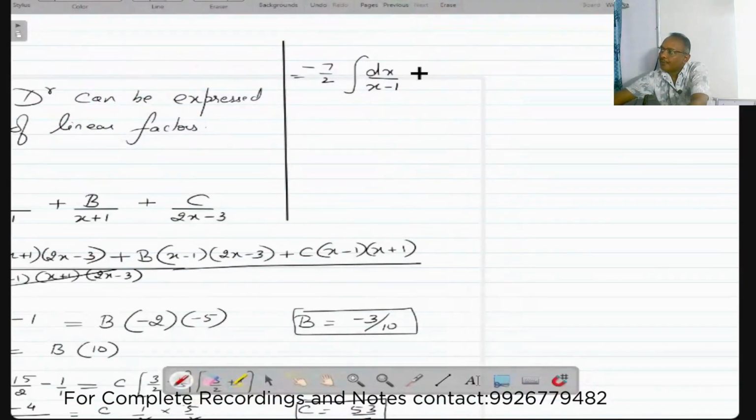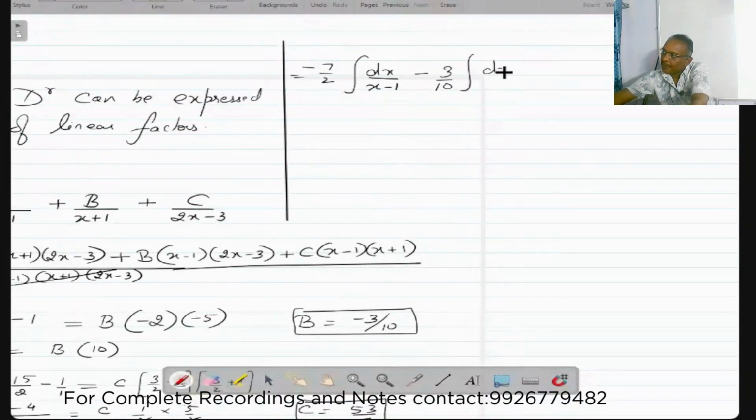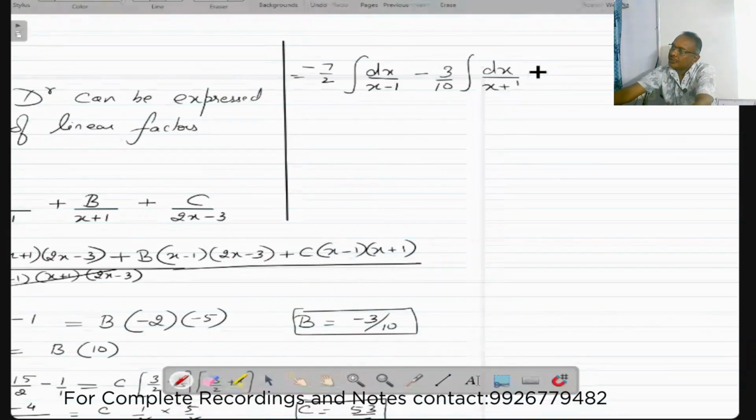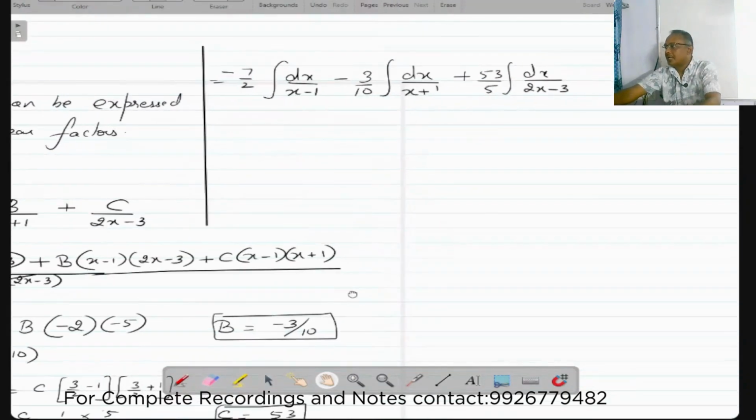The value of b is minus 3 by 10, integral of dx upon x plus 1. The value of c is 53 by 5. So 53 by 5 integral dx upon 2x minus 3. Right?